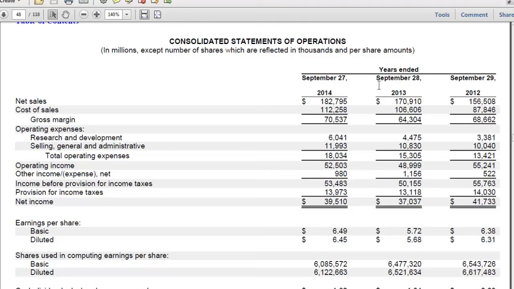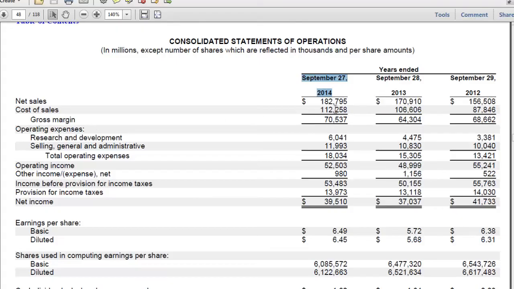So the first thing you want to look at with Apple's income statement is that it is for the year. This income statement goes for a full year, and Apple is on a fiscal year. In this year, 2014, it ended on September 27, 2014. So for a year, this is their income. It starts out with net sales, and it has a cost of sales, and then they have their gross margin, sometimes called gross profit.